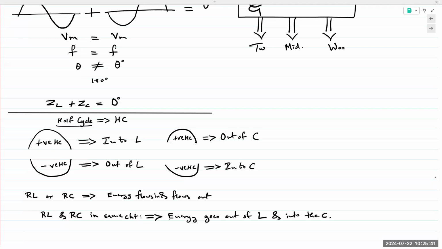And the next positive half cycle, it goes out of the capacitor, back into the inductor, and then back and forth. So every half second, the energy is being transferred back and forth between the two, like a tennis match. The energy is like a ball that is bouncing between two players on either side of the net. So energy exchange is taking place. Think on that. Let me know if you have any questions.